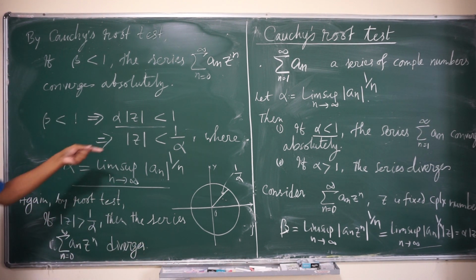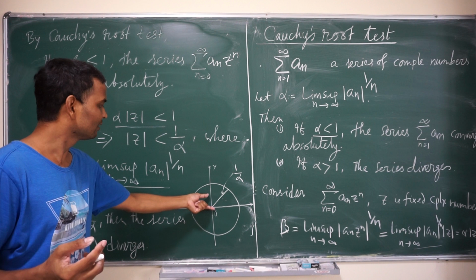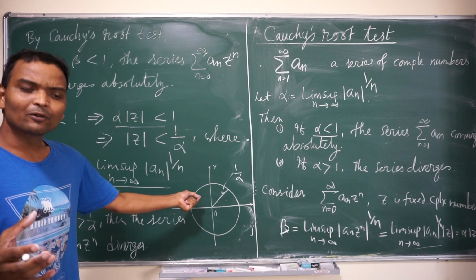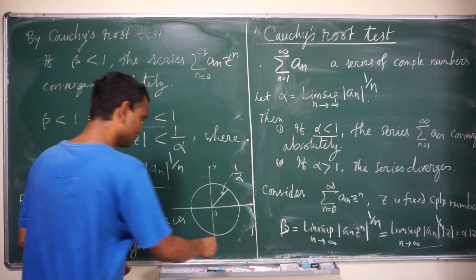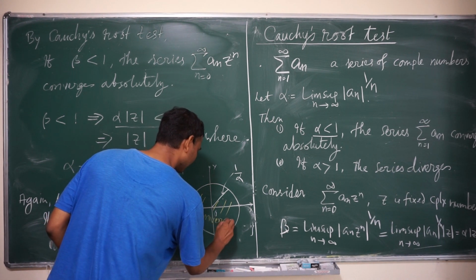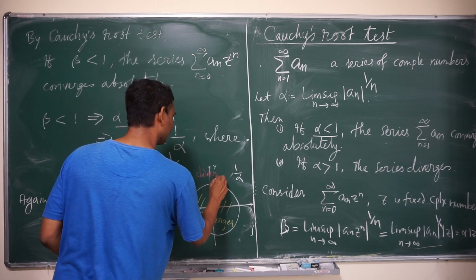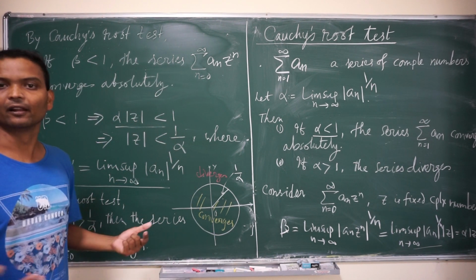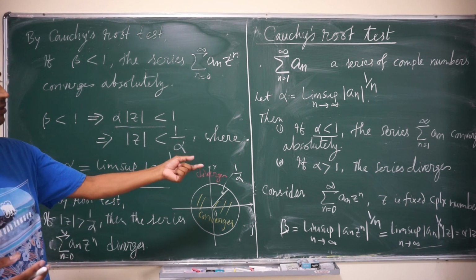Therefore, this 1 over alpha is the unique number such that for the disk centered at 0 with radius 1 over alpha, at every point in the disk the series converges, and at every point outside the disk it diverges. So here it converges, and here outside it diverges. So we should give this 1 over alpha a name. This is called the radius of convergence of this series.